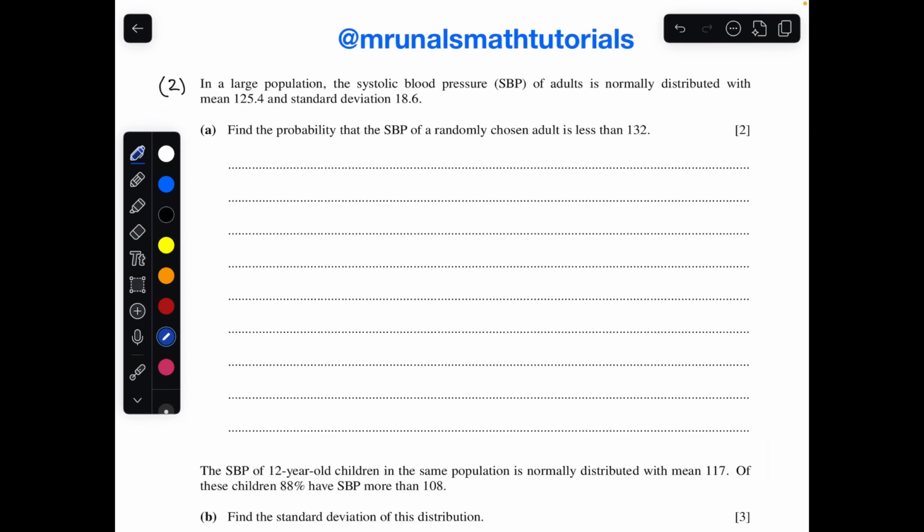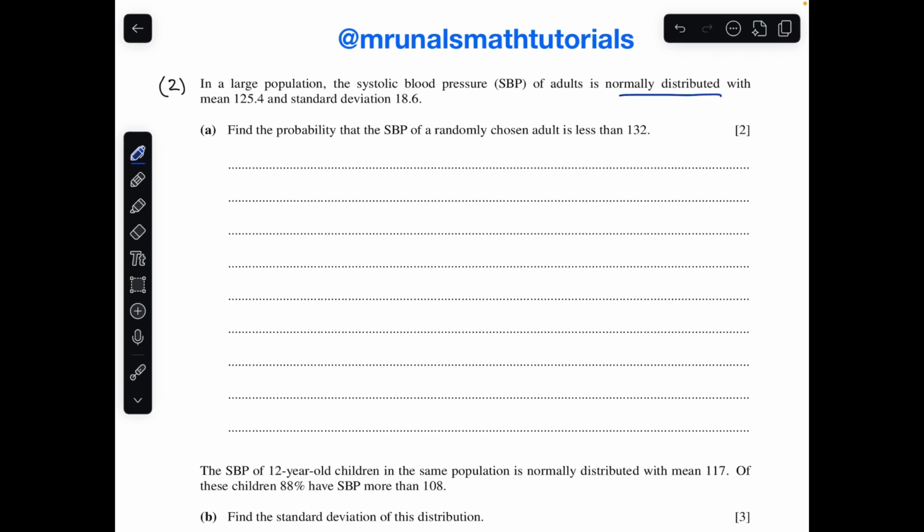In a large population, systolic blood pressure, SBP, excuse me if I didn't pronounce it correctly, of adults is normally distributed with mean 125.4 and standard deviation 18.6.